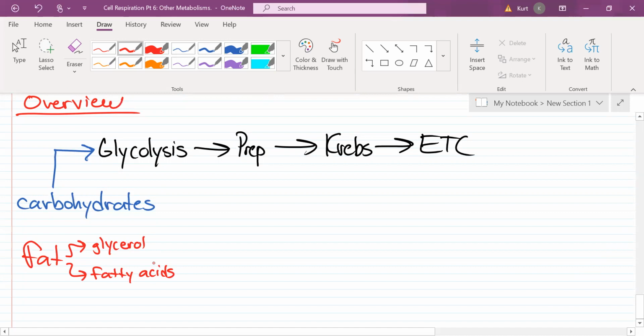Look in your notes. Glycerol gets converted to pyruvate. So if it's converted into pyruvate, where would pyruvate get started? Prep. Okay, Mark. Fatty acids get broken down to acetyl coenzyme A. Where are they going to enter the cell respiration? Correct.